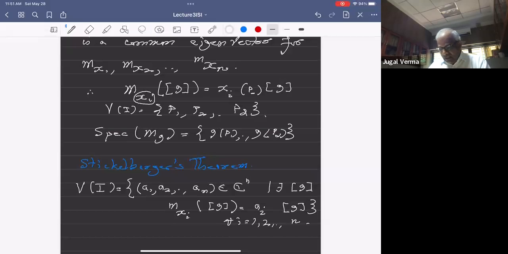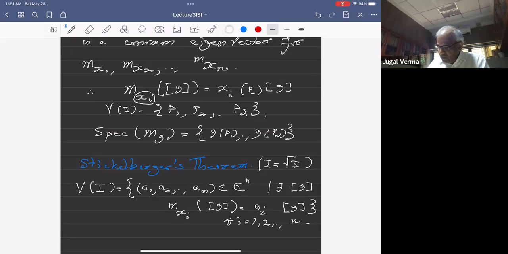Every solution of the original system of polynomial equations that we started with, if that system has finitely many solutions and I is the radical ideal, is given this way. I'm assuming this right now, although there is a more general version which doesn't assume that. So the set of common solutions is precisely given by using these operators, mxi.